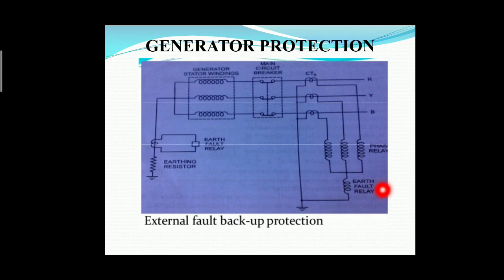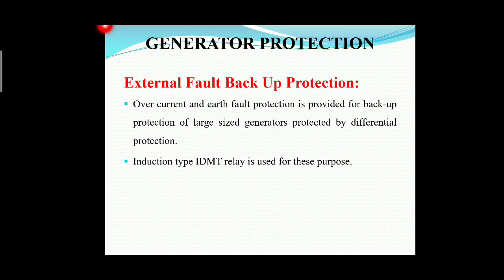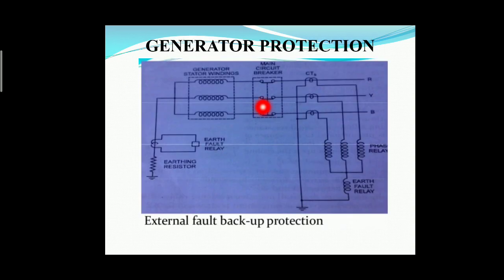Any earth faults are identified by using these relays. This is the earth fault relay. It is connected to the circuit breaker and the secondary of the CT, which will be connected to the earthing resistance.